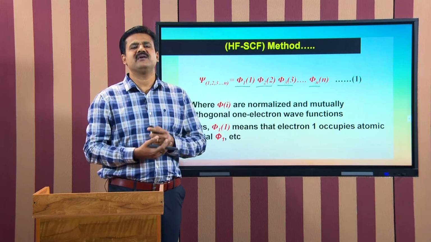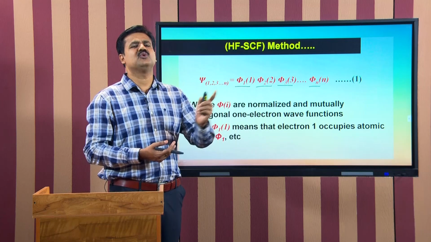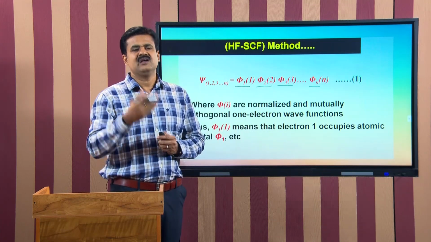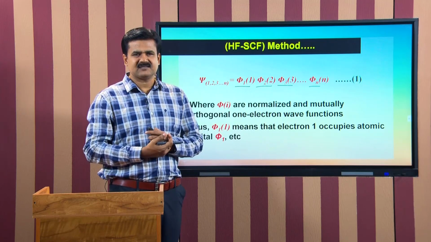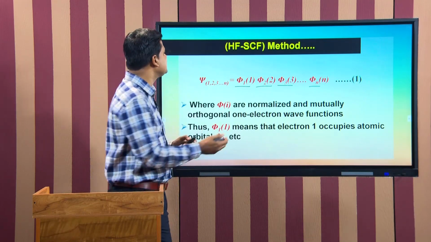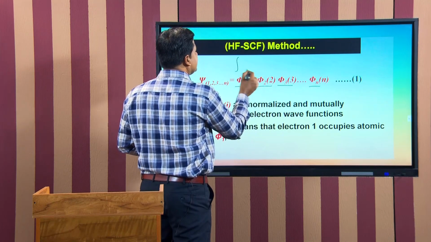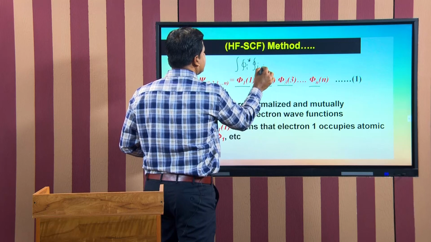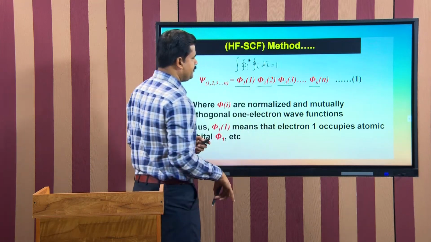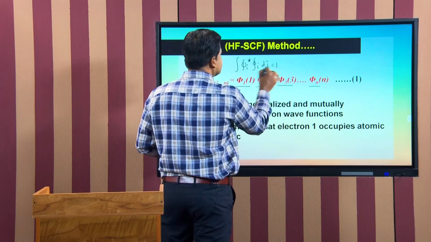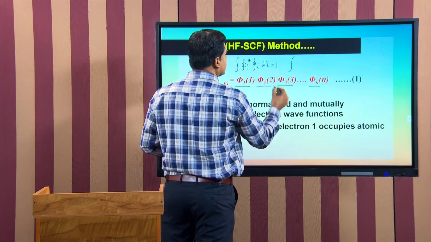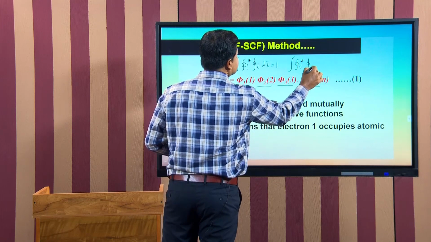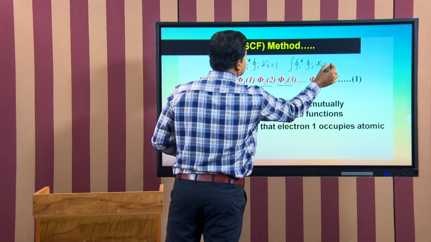Now, what is meant by normalization? The one-electron wave functions are also mutually orthogonal. Normalization implies each function satisfies the mathematical condition integral phi i star phi i d tau equals 1. That is the condition for normalization, and the condition for orthogonality is integral phi i star phi j d tau equals 0.